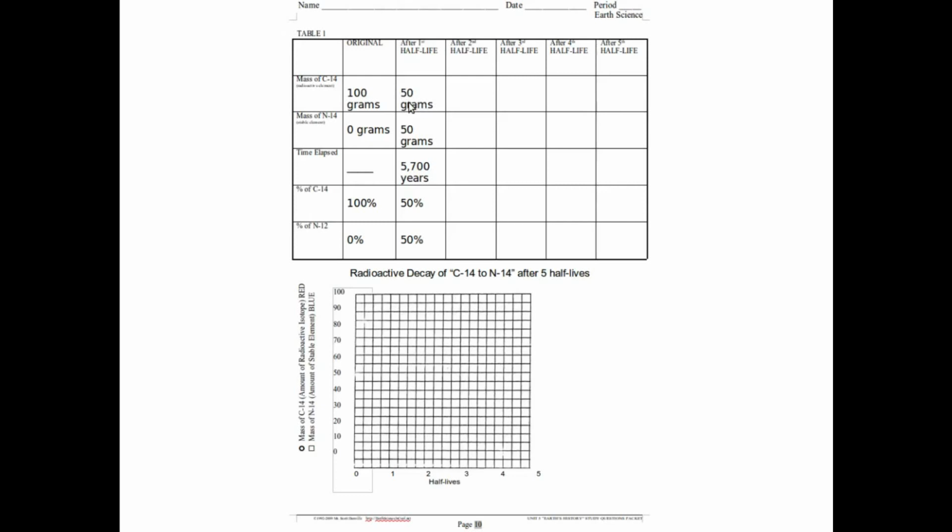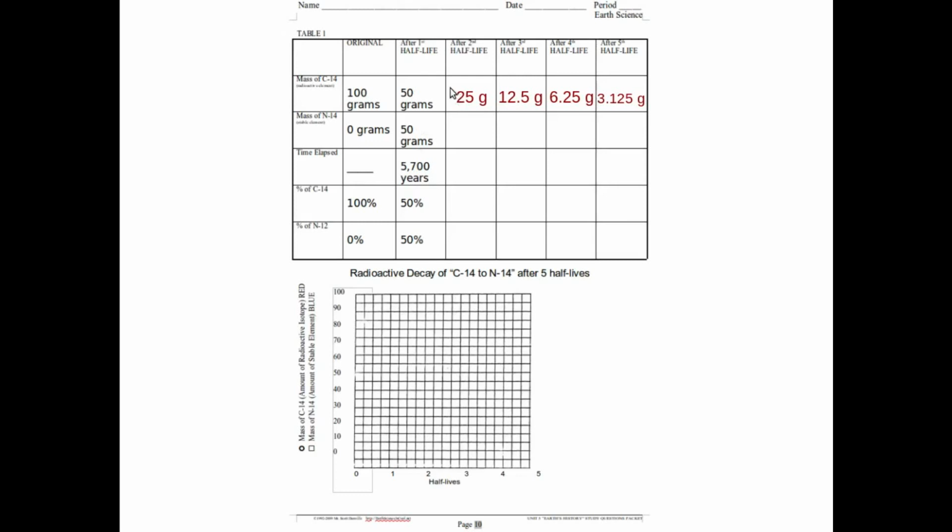So 50 grams divided by 2 will give us 25 grams. 25 grams divided by 2 will give us 12.5 grams. 12.5 grams divided by 2 gives us 6.25 grams. And then 6.25 grams divided by 2 is 3.125 grams.